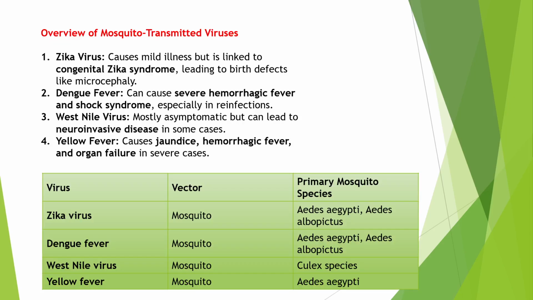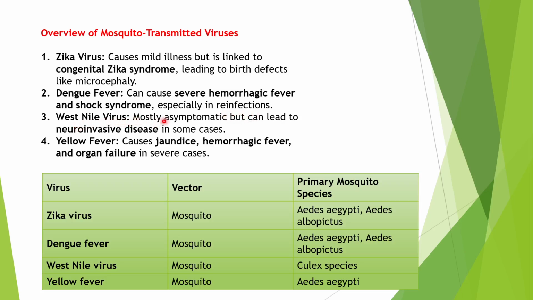So the first is overview of mosquito transmitted viruses. So we have Zika virus here, and then we have dengue virus and West Nile virus and then yellow fever. So Zika virus causes mild illness, but it is linked to congenital Zika syndrome, leading to birth defects and microcephaly, etc. And then dengue virus can cause severe hemorrhagic fever and shock syndrome, especially in reinfections.